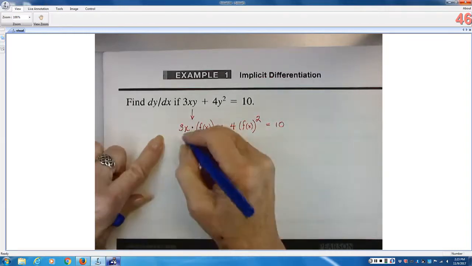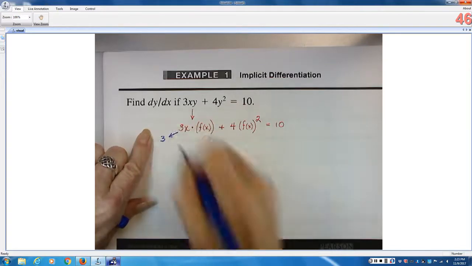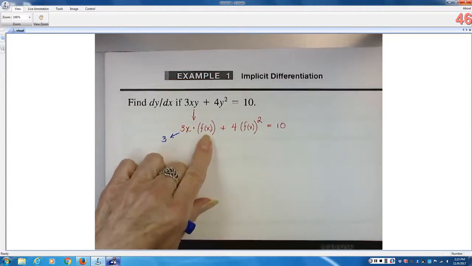What is the derivative of 3x? Okay. We need the derivative of a function of x. What do we usually call that, without any idea what it actually is? f prime of x. Is f prime of x the same thing as y prime? Yes.